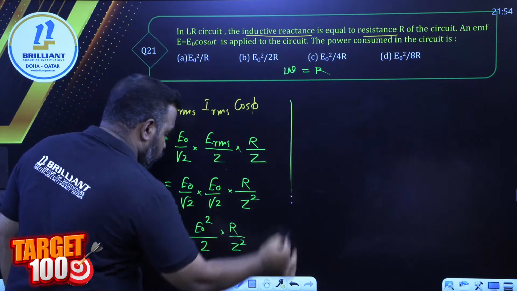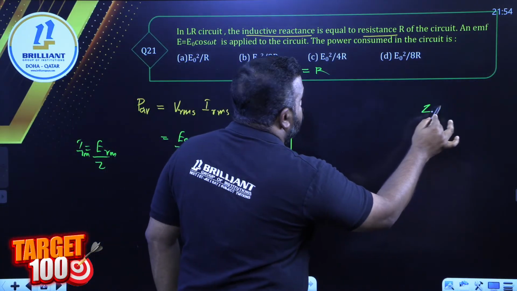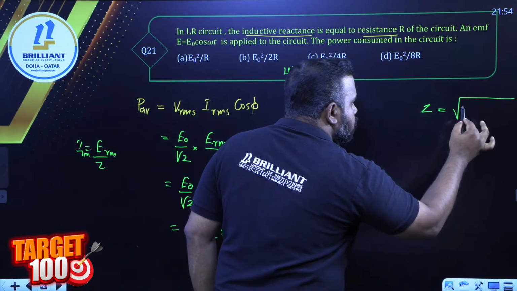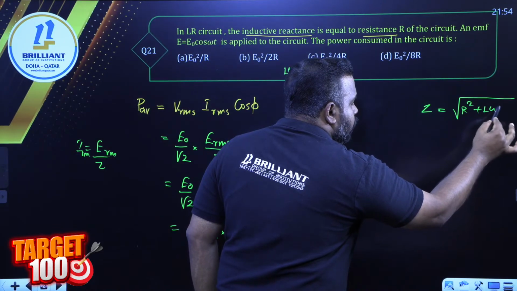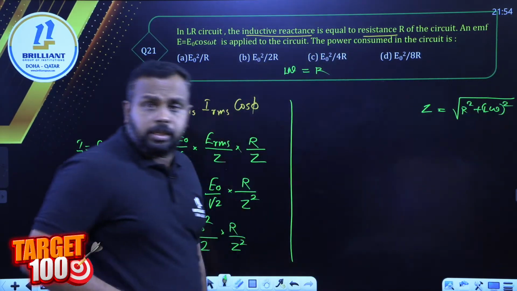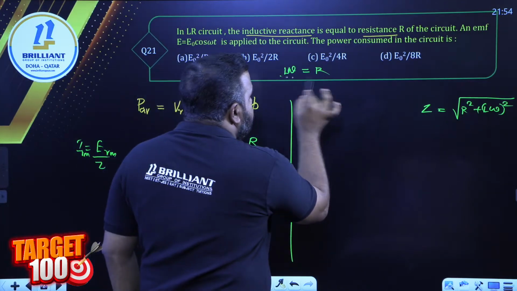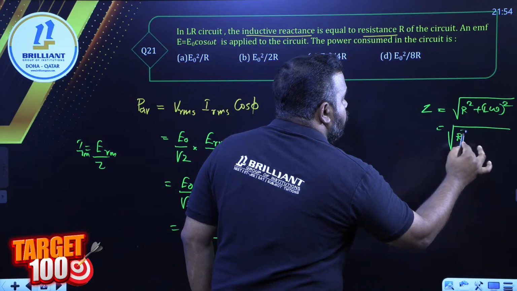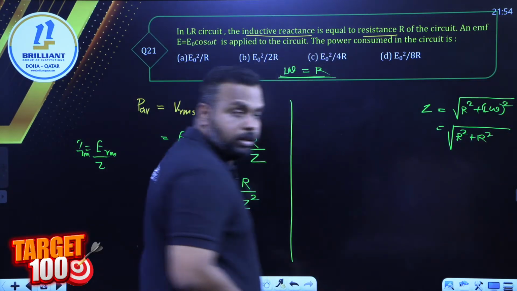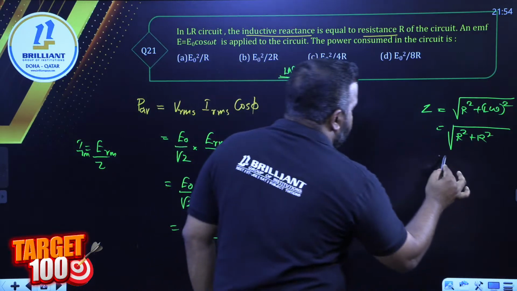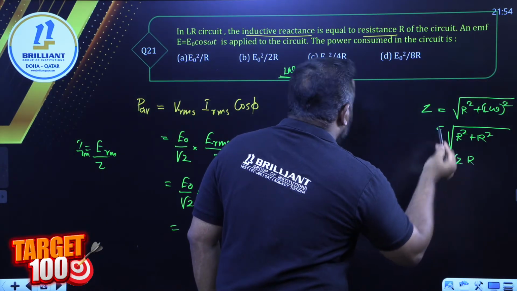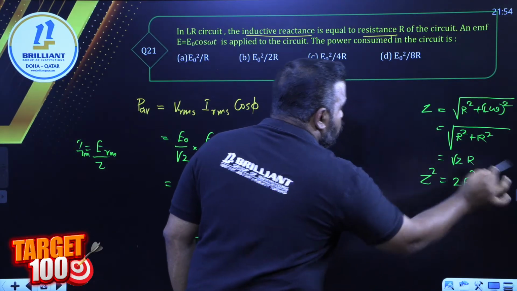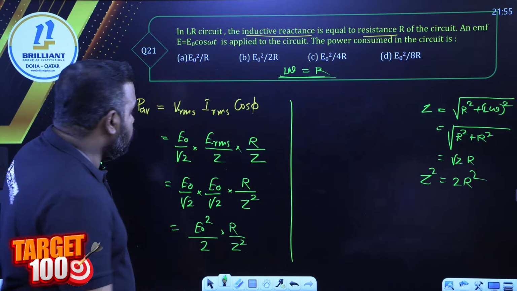Now we have to find the value of Z. It is an LR circuit, so Z is root of R square plus L omega the whole square. This is the impedance value. But it is given that L omega is equal to R. So we get root of R square plus R square, which of course is root 2 R. This is Z, but what we need is Z square. So Z square is equal to 2R square.